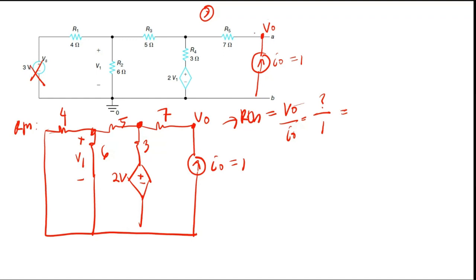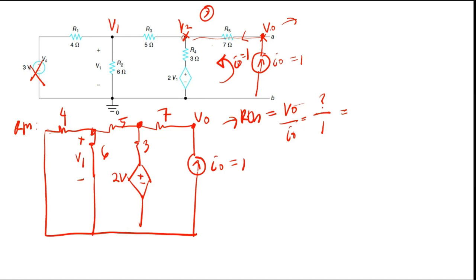So from this equation, how to find the V naught here? You cannot directly get V naught because we have the resistor here, so there is a potential difference. Let's say here I put this V2. You can find V naught by considering the current direction, because the current here is equal to I naught, which is 1. Can you follow?